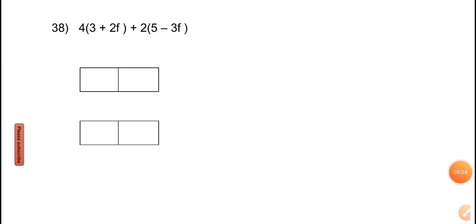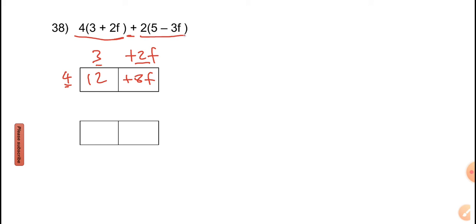So question 38 now. So before we can add, we have to expand the two single brackets separately. So this one here, because I can see 4 outside the bracket, I write 4 here, and then inside the bracket I have 3 plus 2f, so I write 3 plus 2f. So 4 times 3 is 12, and then 4 times plus 2f is plus 8f.